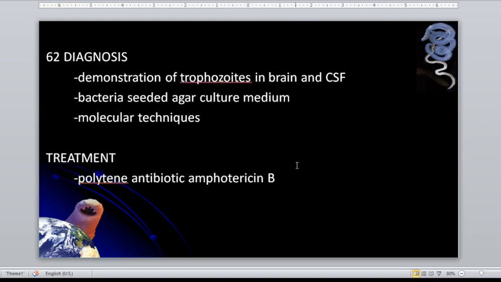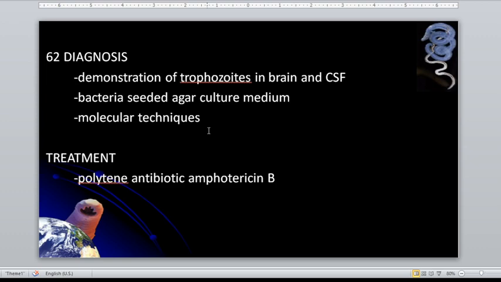Diagnosis: demonstration of trophozoites in the brain and CSF, as well as the use of bacteria-seeded agar medium. Aspirate suspected of Naegleria infection may be introduced in this medium. The trophozoite is identified with the presence of blunt lobopodia with directional motility.